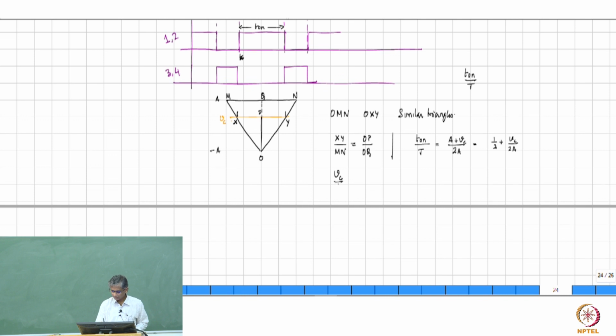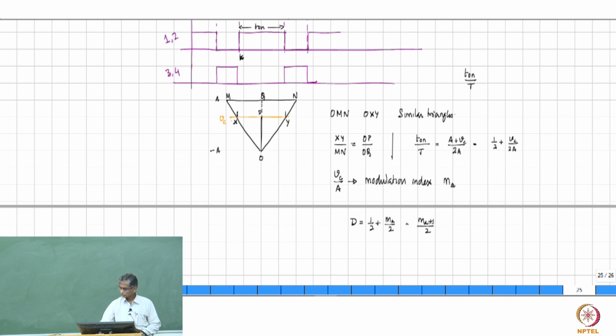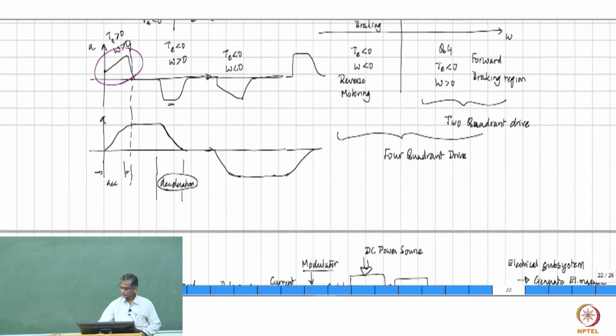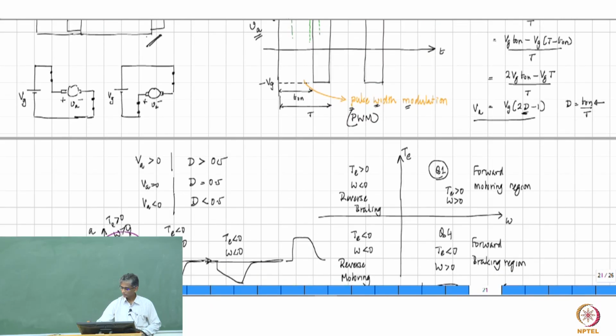Now this term VC by A is then given a name called modulation index. Right? So if you call this as MA, then duty ratio is half of half plus MA by 2, or MA plus 1 by 2. So what can be done is this expression, what we wrote as VA is Vg into 2 times d minus 1.